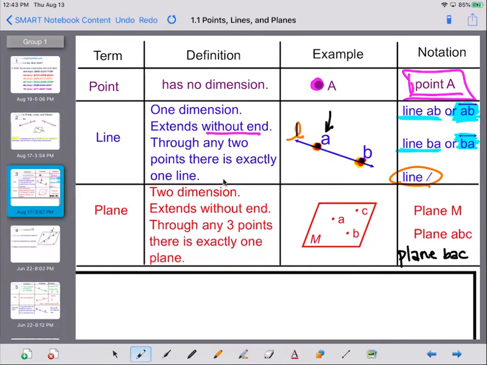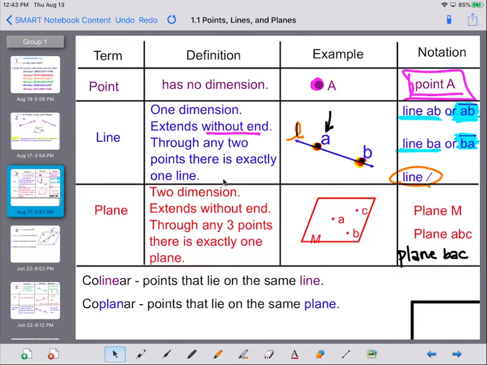All right. Next, down here, we're going to talk about 2 new terms. The first one is collinear. I highlighted that little purple part there because it says line. Collinear is when 2 points are on the same line. So they are on the same, kind of like co-workers, they work together. Collinear means they are on the same line.